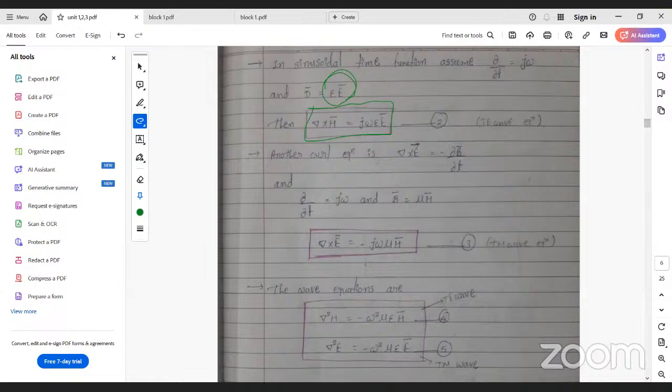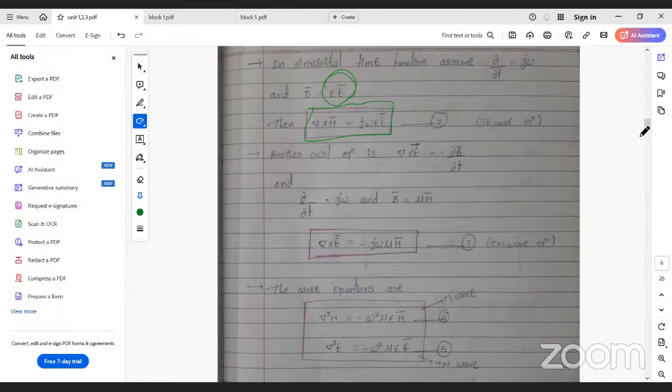What are equations 2 and 3? They are wave equations. Are both the same? One is for the electric field, another for the magnetic field. They are different, not the same: the transverse electric field equation and the transverse magnetic field equation.